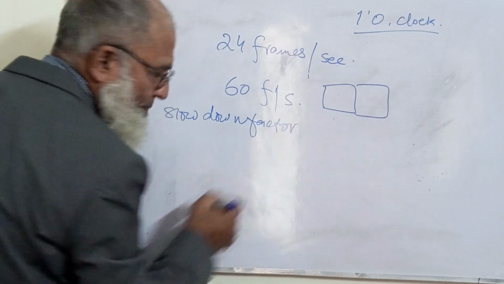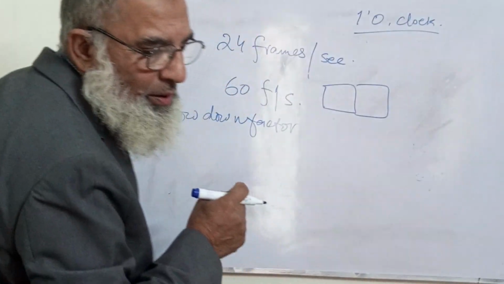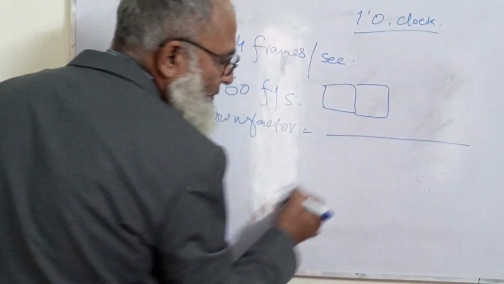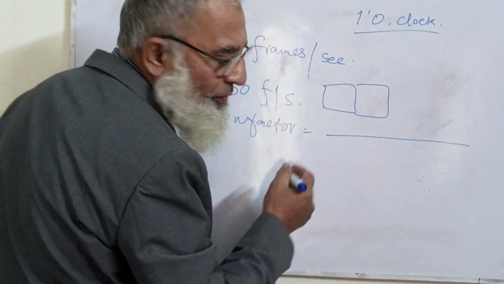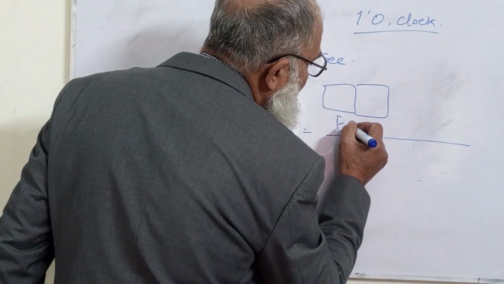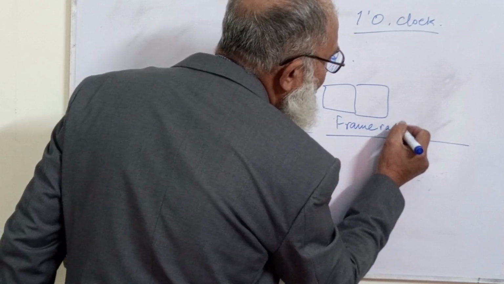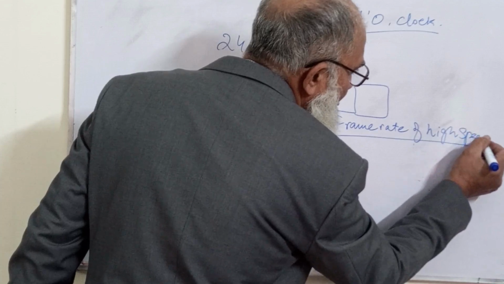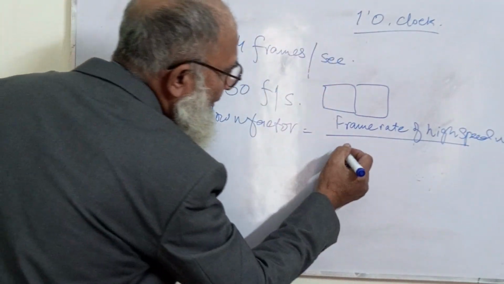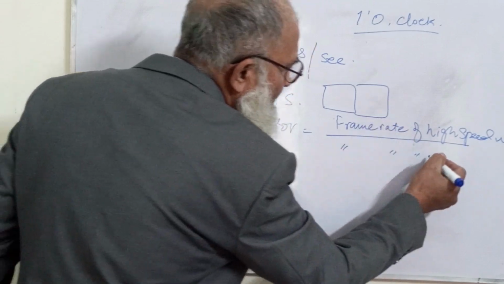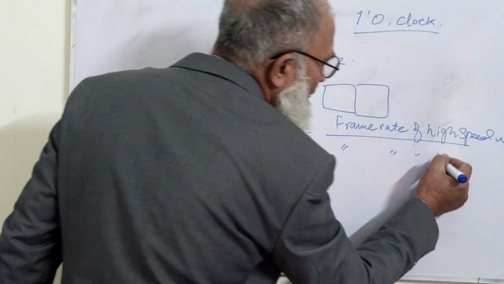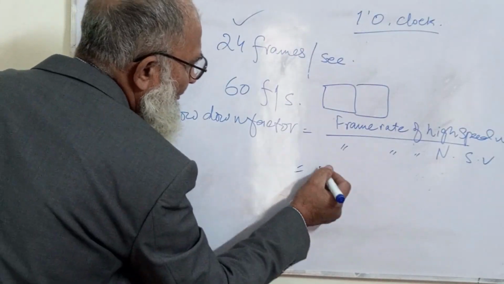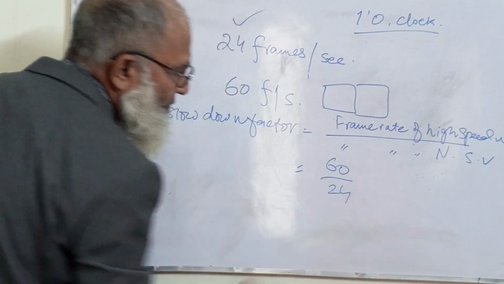This is part B of example 8. The slowdown factor is equal to the frame rate of high speed video divided by the frame rate of normal speed video. You can easily manipulate 60 divided by 24.